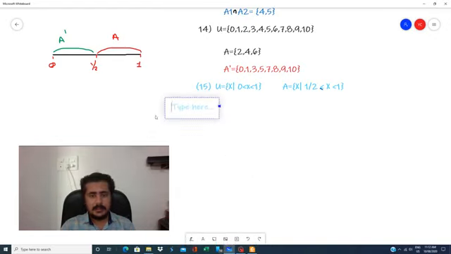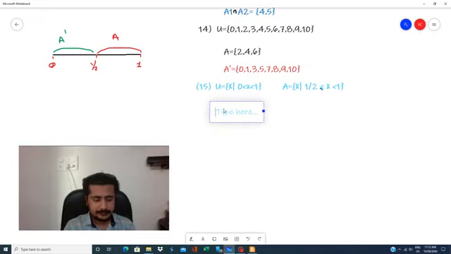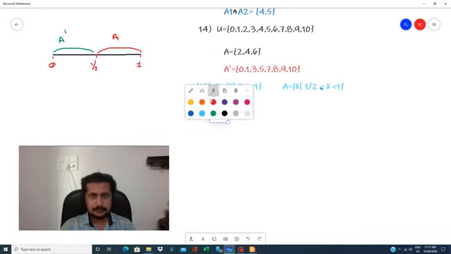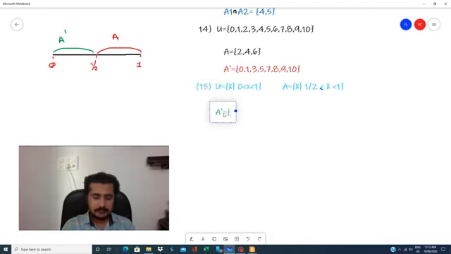So A dash is 0 less than x less than half.